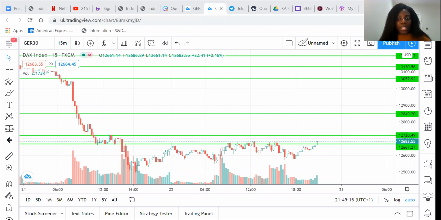Okay, so for me, I want to see the body of the candle close within a zone for me to say that it's past that zone. I'll give you an example. You see here, let me zoom in.